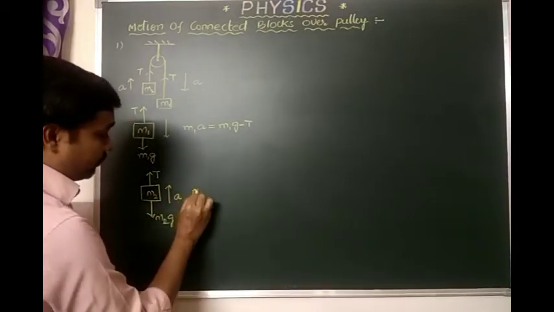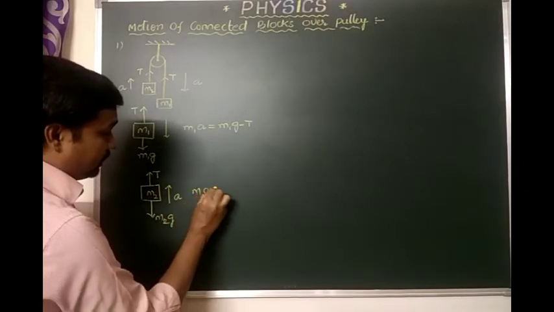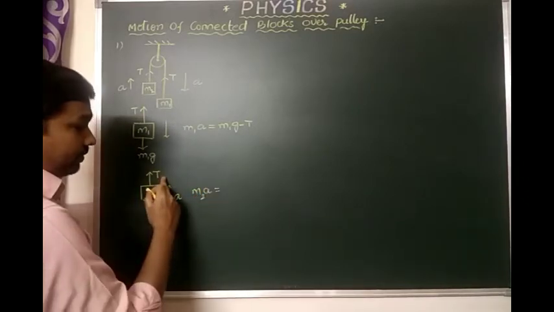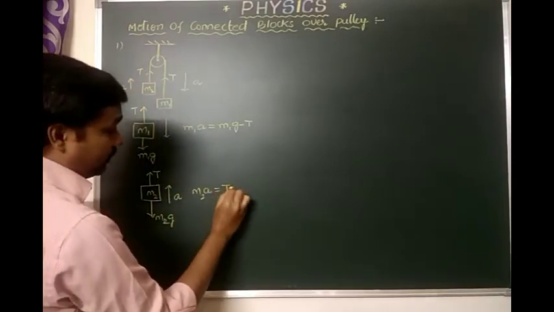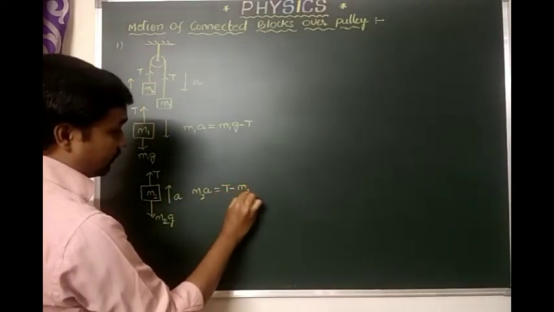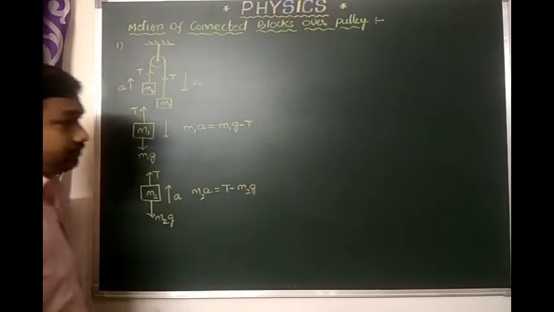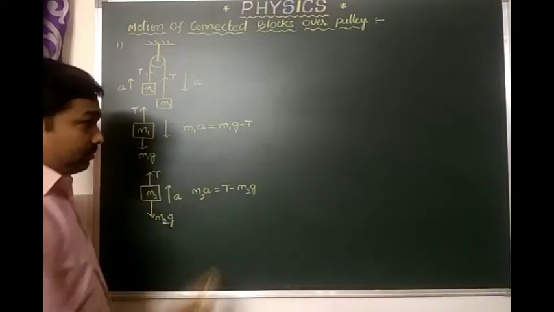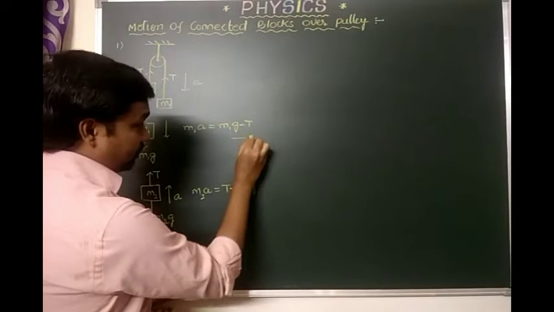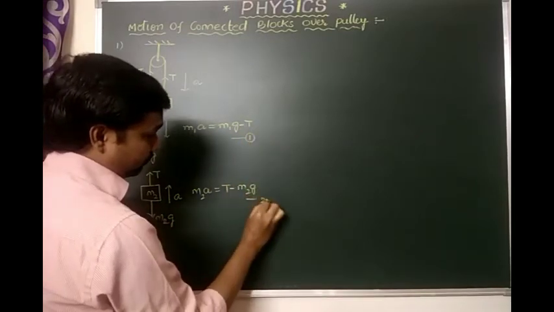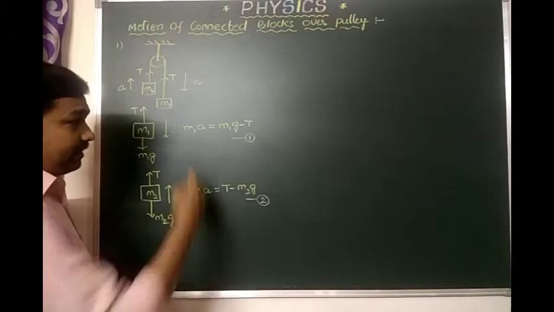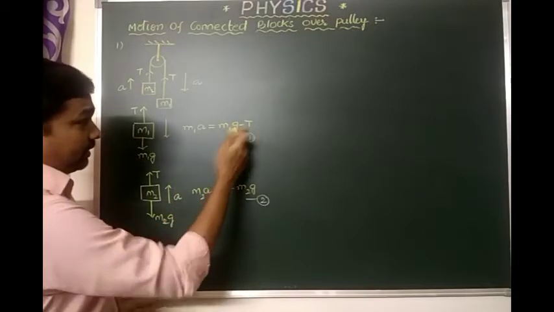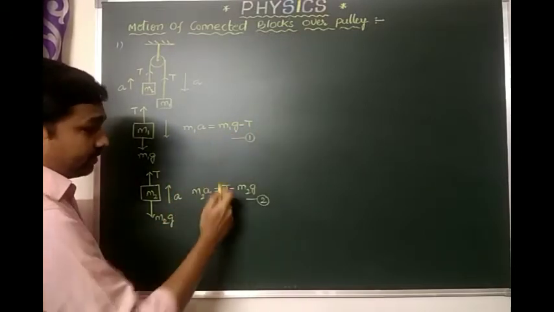The net force m2a equals tension T minus m2g, because the body is going up and tension is more. This is equation number 1 and this is equation number 2. Combined together, we will get an acceleration term. If you add these two equations, tension gets cancelled.